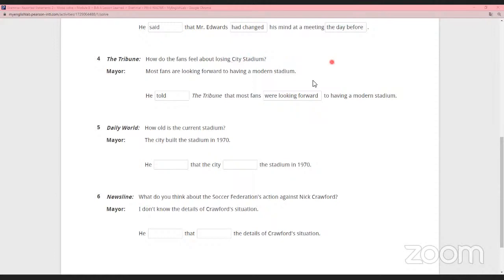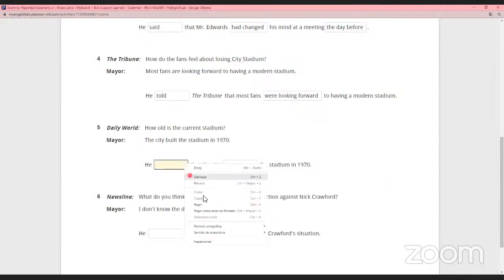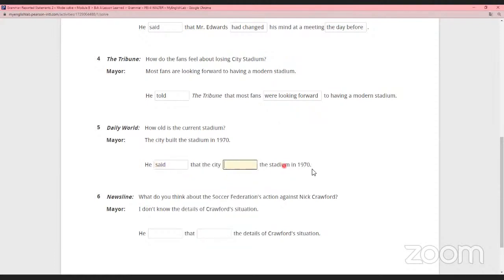Okay, thank you. Yeah, he said, all right, he said that the city have built. Has, sorry, it's has. Okay, has built in the city. Okay.